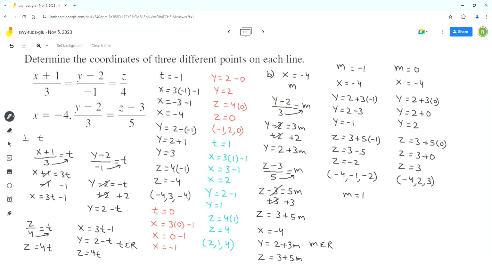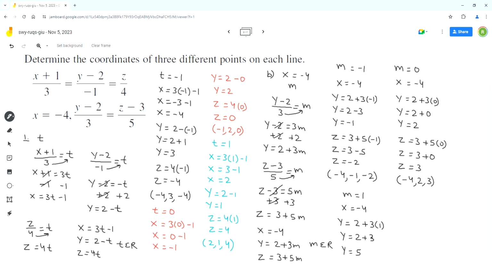Now we can find the third point, and for that we should sub in m as 1. The x value will stay the same because there is no m term in the x equation. Now we can sub in m as 1 in the y equation. I get y equals 5.